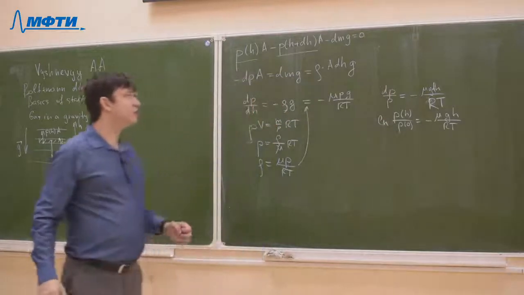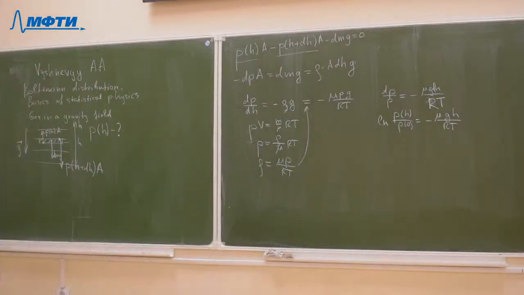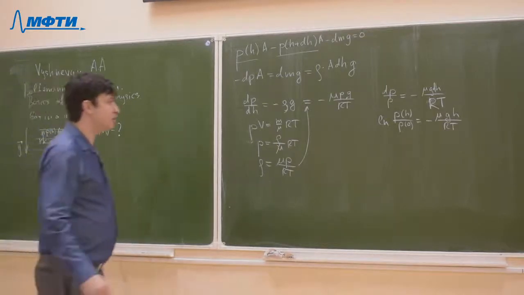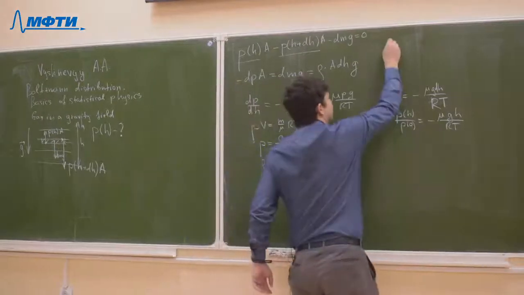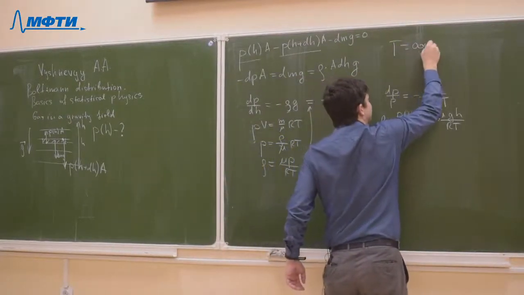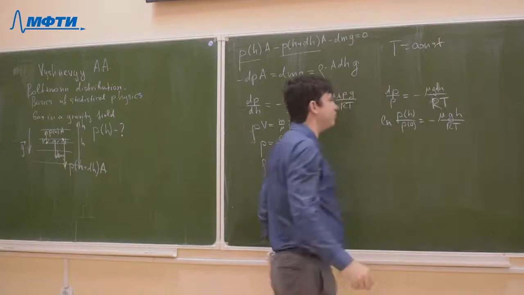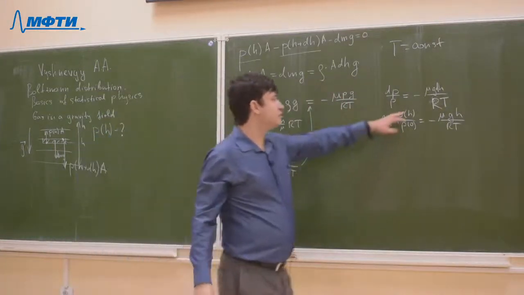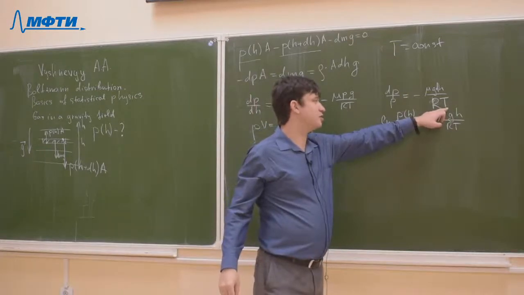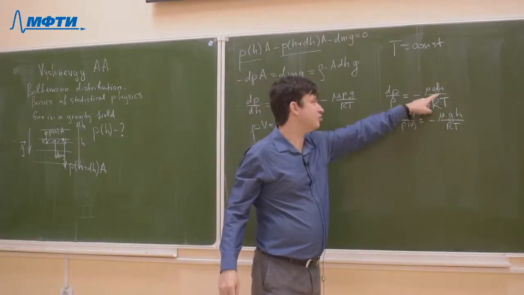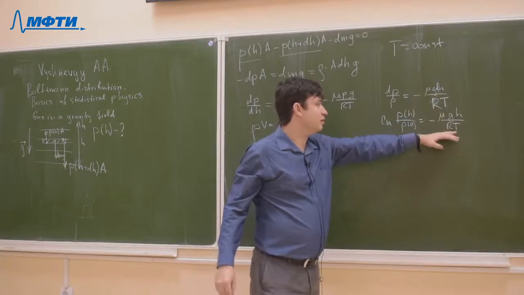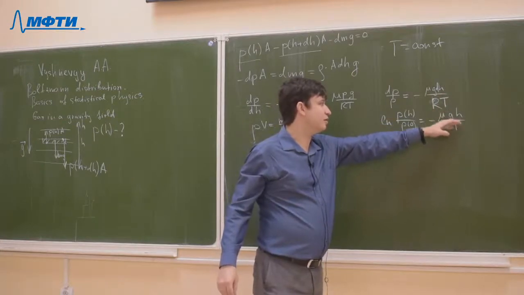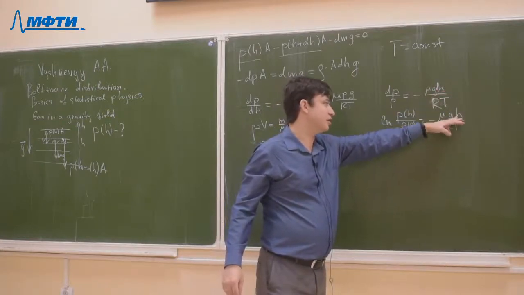Please note that here I assume that this gas is in a state of thermal equilibrium, so I mean that the temperature is constant. Most importantly here is that temperature is not a function of height. So that's why when I do an integration, I assume this temperature as constant. So when I do this integration over h, it doesn't affect, I just simply integrate the h and get h.